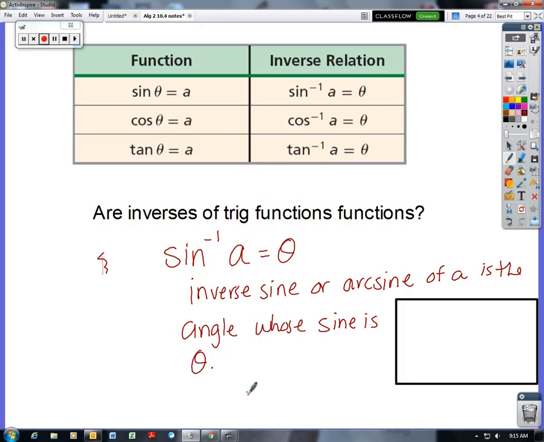And that's a really important statement. Please write this down, because it can get confusing sometimes what exactly you're looking for. If you can remember that inverse sine or inverse cosine or inverse tan, it's the angle that you're looking for.